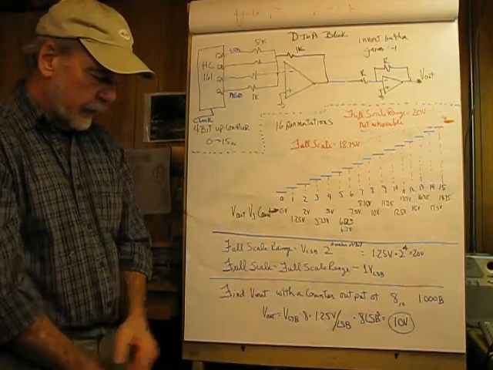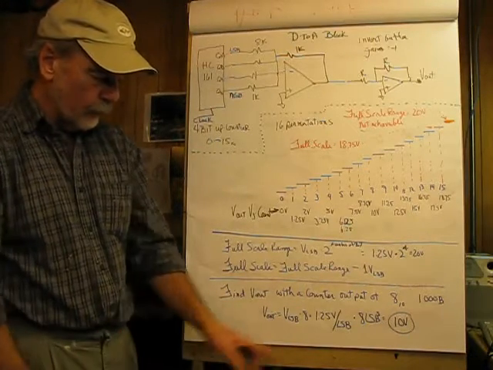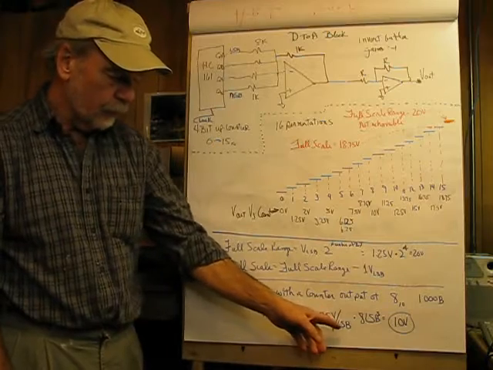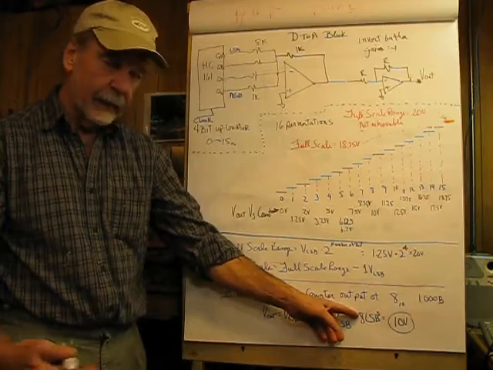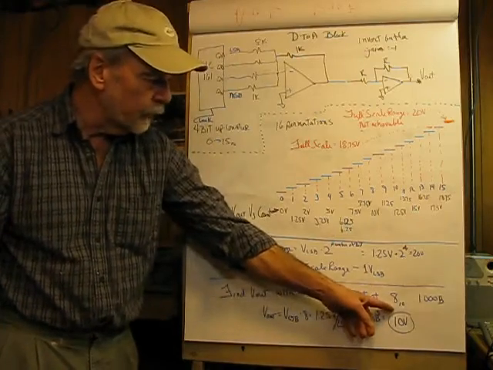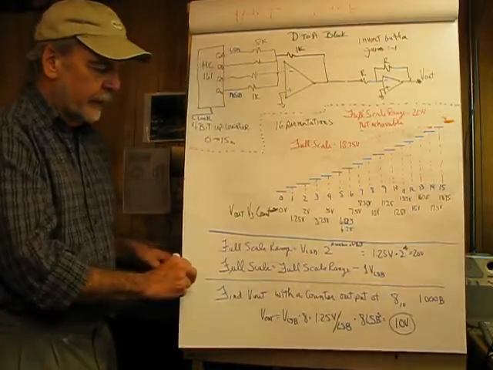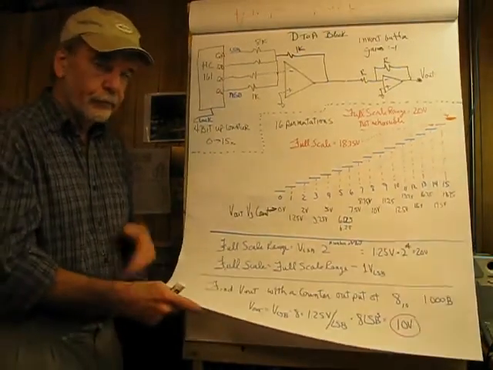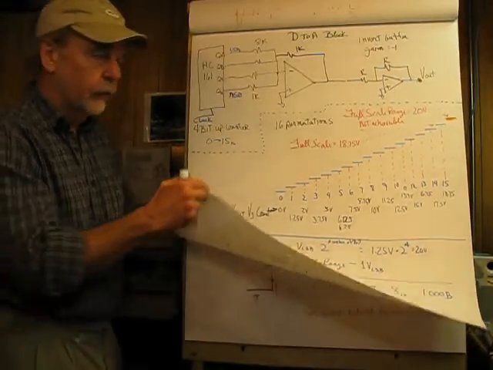So we would just take our VLSB and multiply it by 8, which would be 1.25 volts per LSB times 8 LSB equals 10 volts. So when we know what an LSB is, we can find any other output without doing a whole lot of difficult calculations.